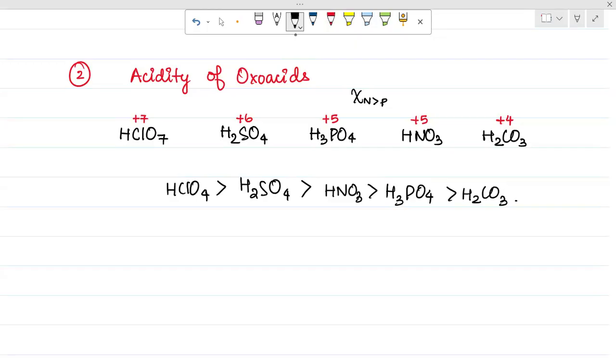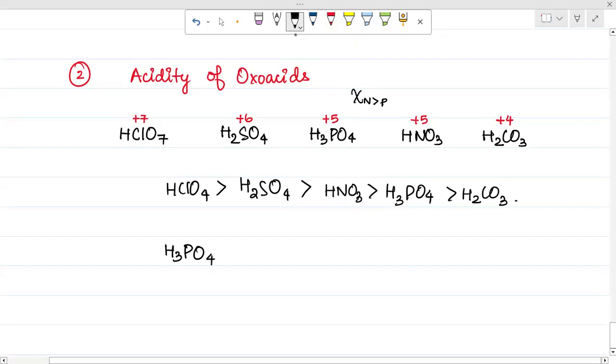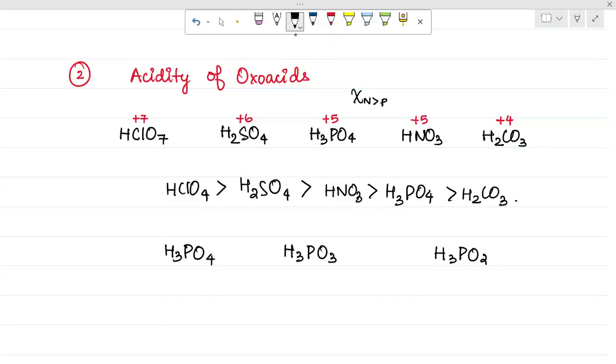The other way that you can do is, so these are all having different oxidation states. Let's say you have same oxidation states, like H3PO4, H3PO3, and H3PO2, let's say.